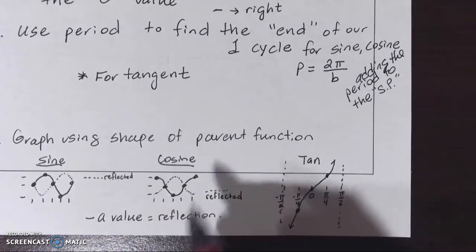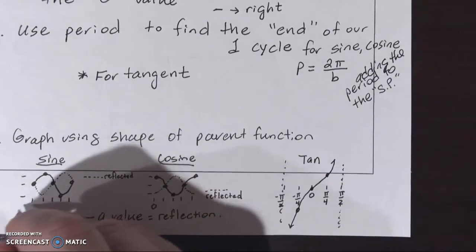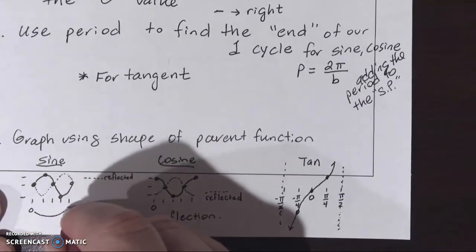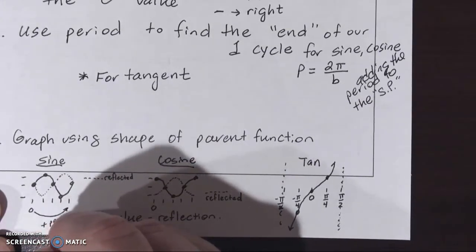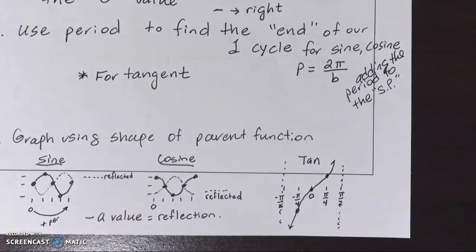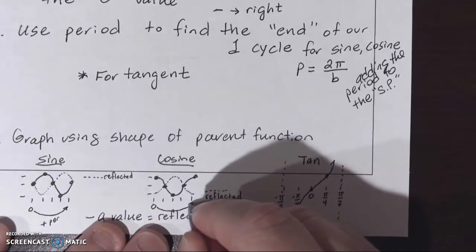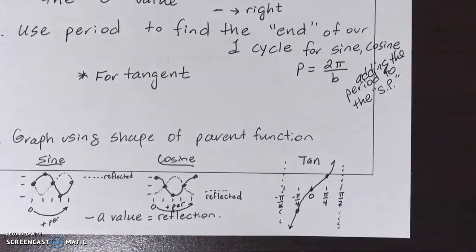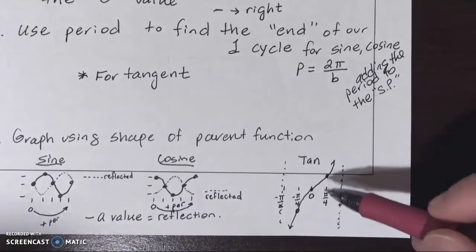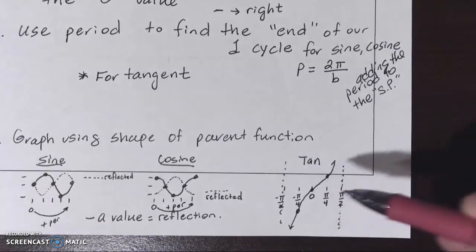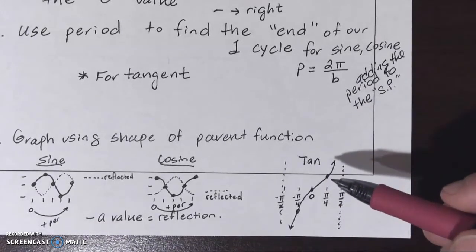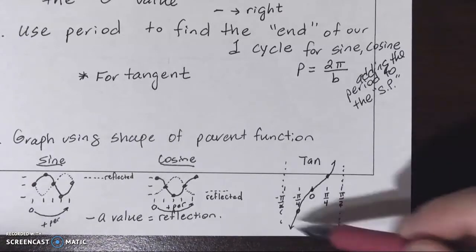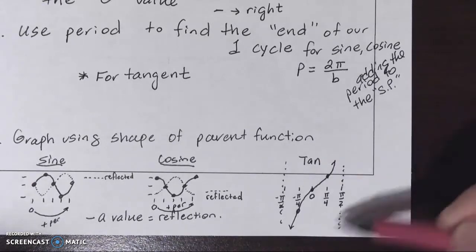Whereas in sine and cosine, the first or starting x-coordinate was 0, okay? And then what we did was we could add the period to get the ending point. The period of tangent is pi. If we start at 0 and we think, well, let's just do what we're doing for sine and cosine where we're adding the period, well, that would go way beyond the one cycle here, all right?